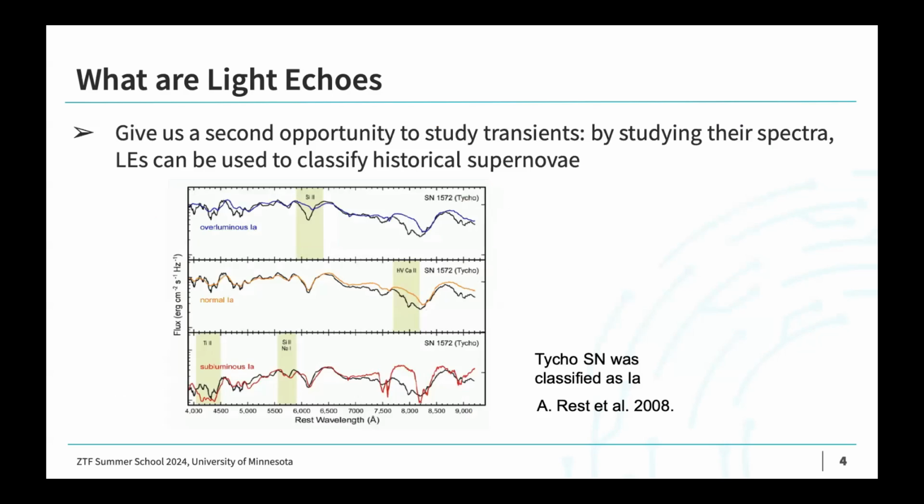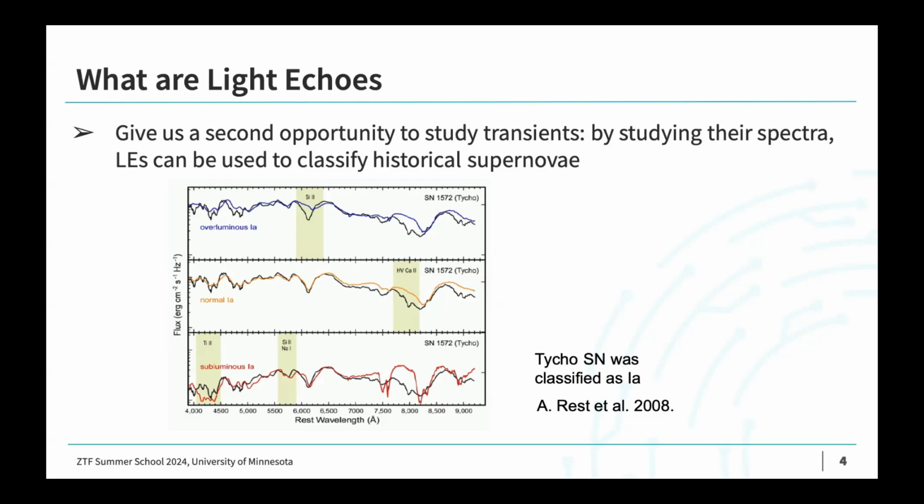So because the echoes arrive at the Earth at later times, it provides us a unique opportunity to study transients, such as the Tycho supernova. We didn't observe the Tycho supernova using modern telescopes, but light echoes give us a chance to study it with modern telescopes, studying the spectra of the light echoes of Tycho supernova.